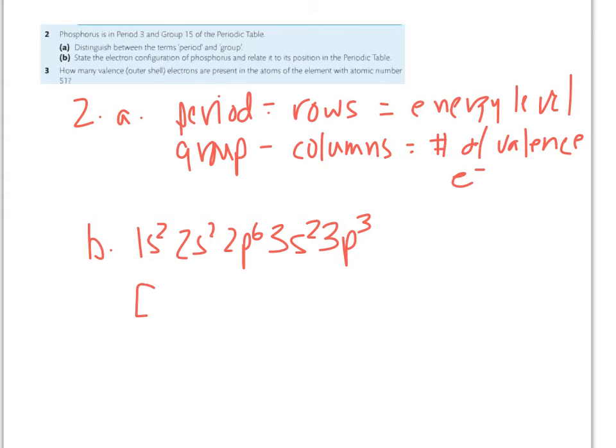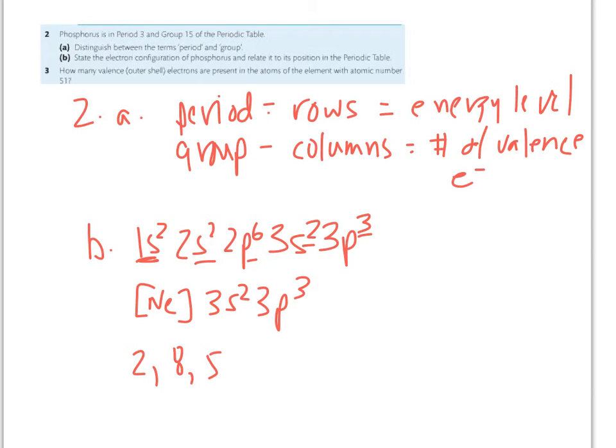Otherwise, you could use the noble gas configuration of neon and then 3s2, 3p3. Or you can use the super shorthand that IB uses where you add up the whole floor. So floor 1 is 2, floor 2 has a total of 8, and floor 3 has a total of 5, and you just write 2, 8, 5.